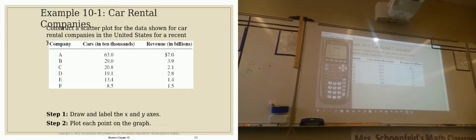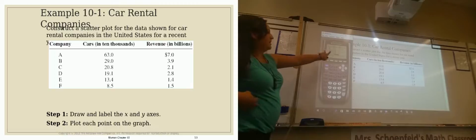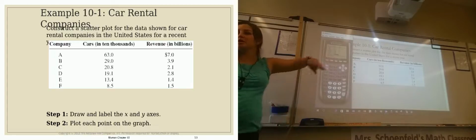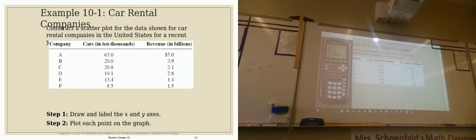So 7, 3.9, 2.1, 2.8, 1.4, 1.5. One of the main things to do after you push enter, make sure that they match up, that you have the same number, because otherwise you missed one or you have an extra, and that happens sometimes.